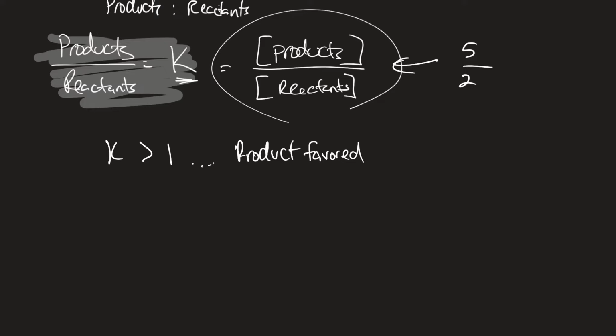If you have a K that's less than 1, then we say the equilibrium is reactant favored. Once again, if you think about this as a fraction, that makes sense.